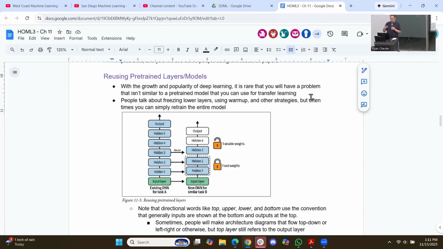Maybe early on it's detecting lines and textures and different things like that. And then in the middle layers, maybe it can detect the shape of ears or eyes, or the color of things, what the tail looks like, right?